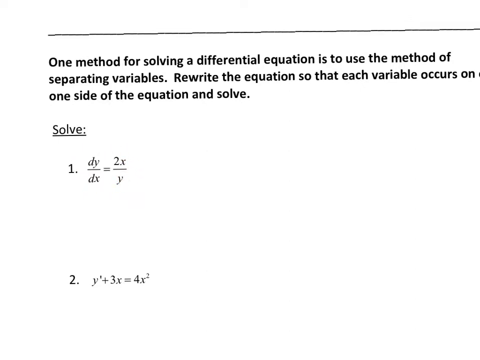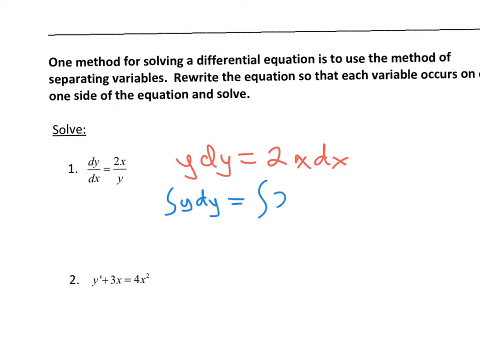So we kind of cross multiply here, right? And we're going to end up with y dy equals 2x dx. Okay. And then we'll take the integral of both sides. So I'm going to write the integral of y dy equals the integral of 2x dx.